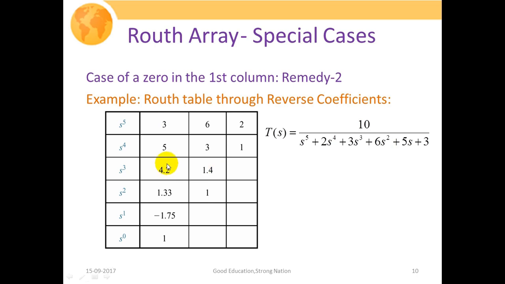In our earlier case, we had a 0 at this particular position, which is not the case while we are using this reverse coefficient method. So now we're going to compute this whole Routh table as we usually do. Again, (4.2 times 3 minus 5 times 1.4) divided by 4.2, we are left with 1.33. After following the same steps that we have taken earlier, we complete this Routh table.